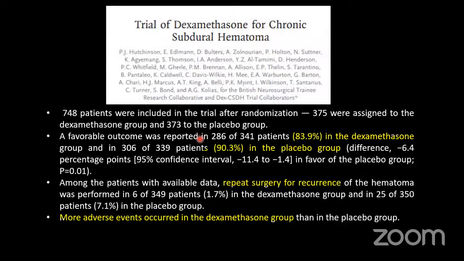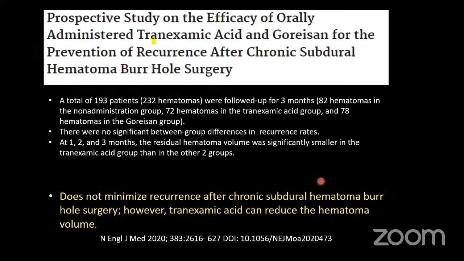In medical management, there are many trials which have been done, which showed very little benefit for each of the medications. One is steroids. Due to the major adverse events, even though there is a reduction in the hematoma volume, the net benefit was less.